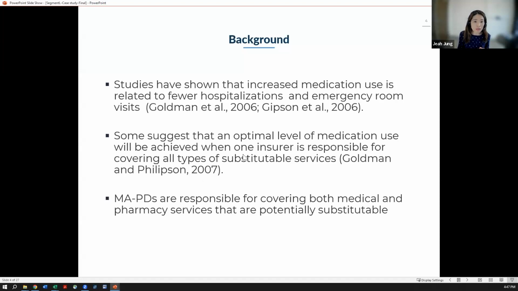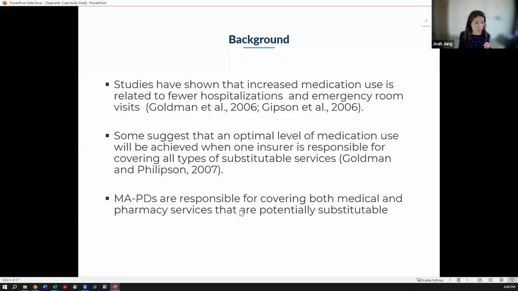So instead of each insurance company covering each type of service, if one insurance company covers all these substitutable services, then you can achieve an optimal level of medication use. That's MAPDs.